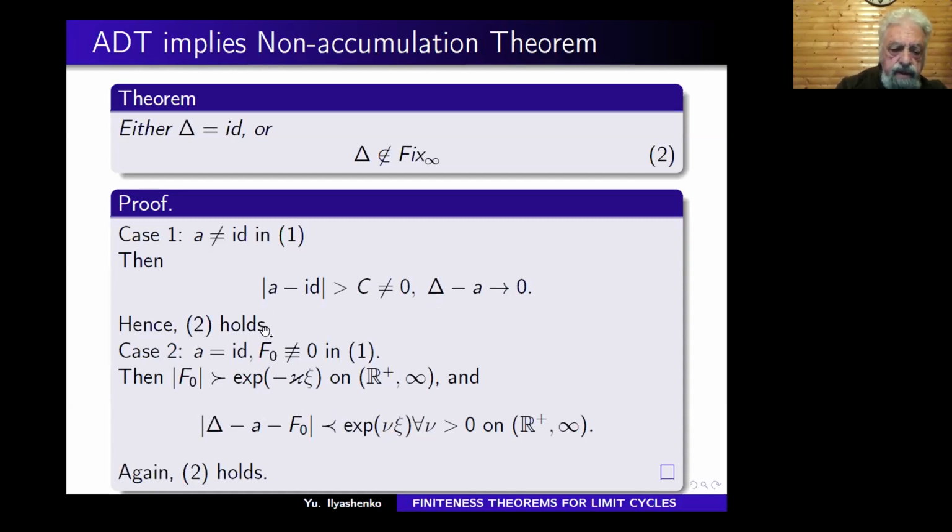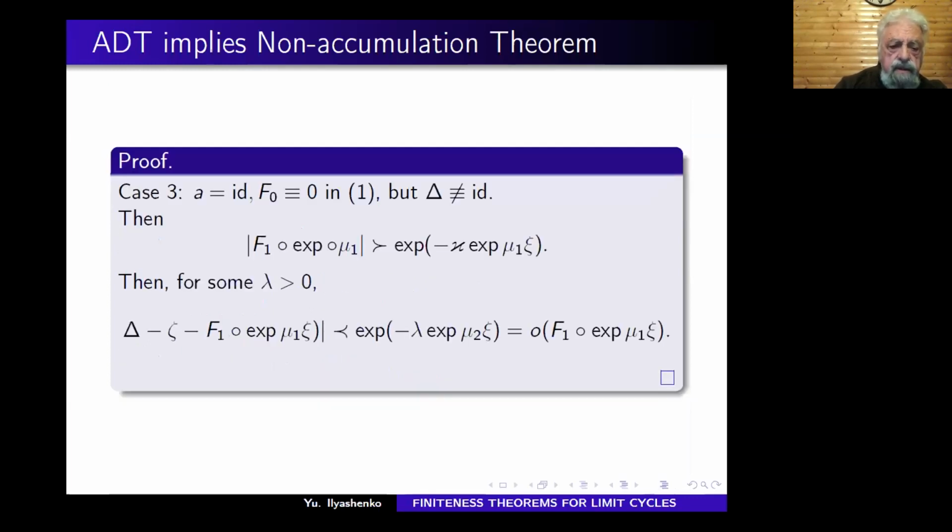And then the difference between delta and A minus F0 is smaller than exp of negative nu psi on the real axis, and F0 decreases no faster than some exponential, so the sum of F0 and these remainder terms cannot have zeros.